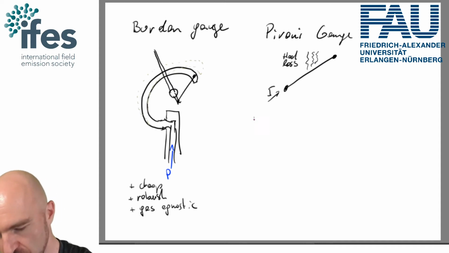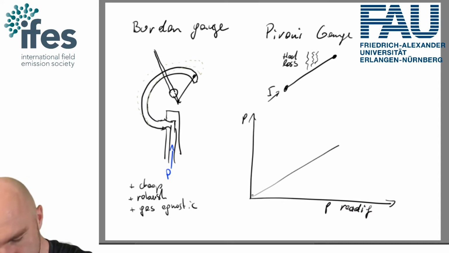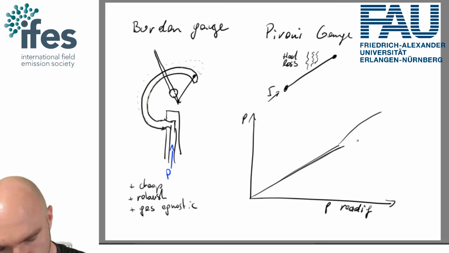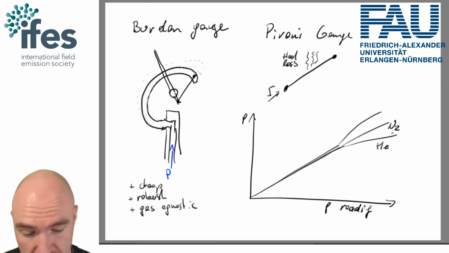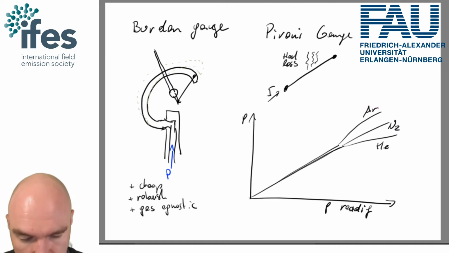So if we plot actual pressure versus pressure reading, you will see that at low pressures there's not that much difference, but at high pressures we get some deviation depending on whether it's a relatively light gas like helium, or what the gauge is calibrated against, which is going to be nitrogen or air, or something heavier like argon, right?